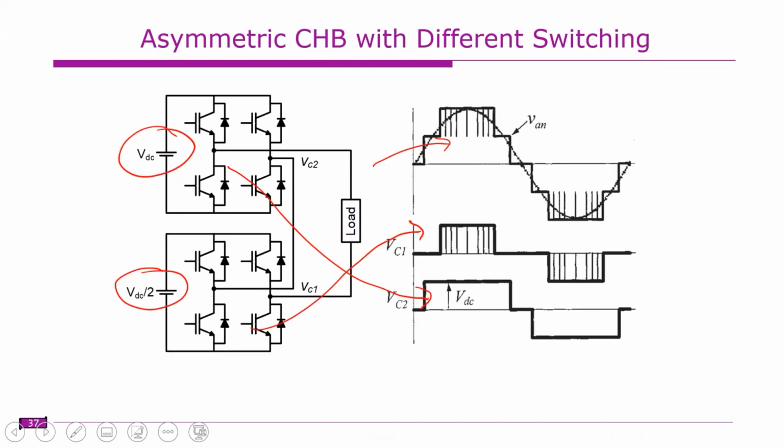The one with the higher voltage is operating at fundamental frequency, so we may conclude that the switching losses will be reduced. That is one advantage with these asymmetrical cascade HB inverters: we can operate the different bridges at different frequencies.